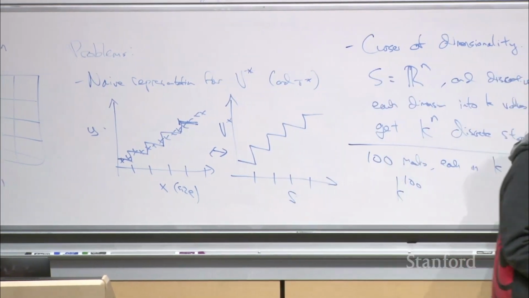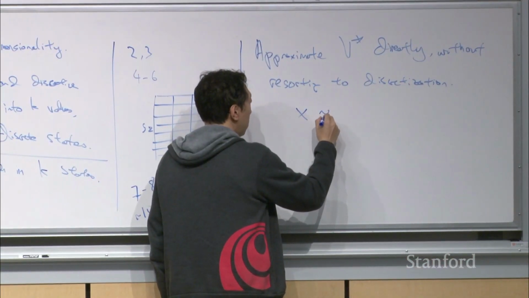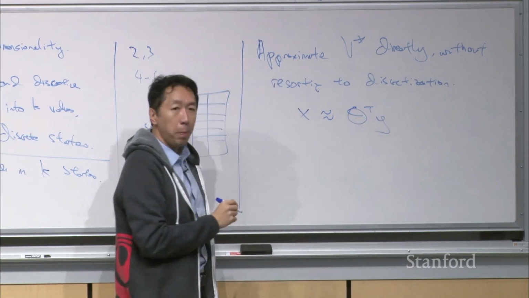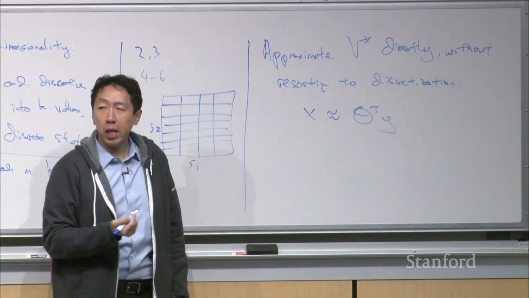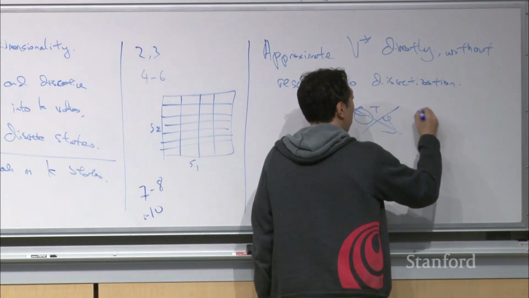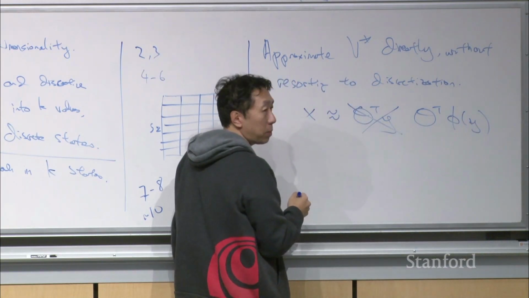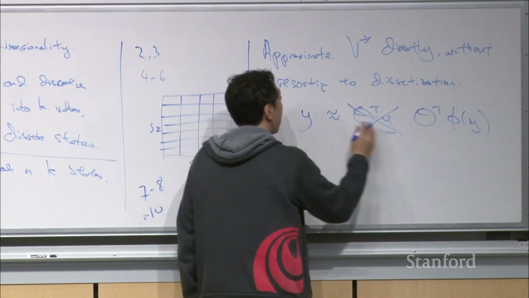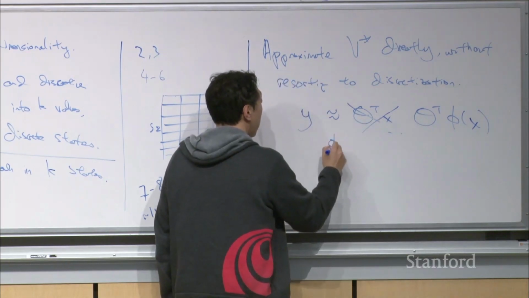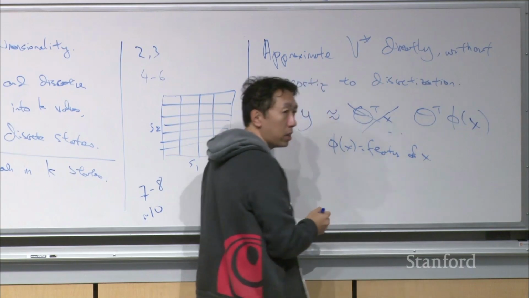In linear regression, you approximate y as a linear function of x. Or if you don't want to use the raw features, you can use theta transpose phi of x, where phi of x is the features of x.